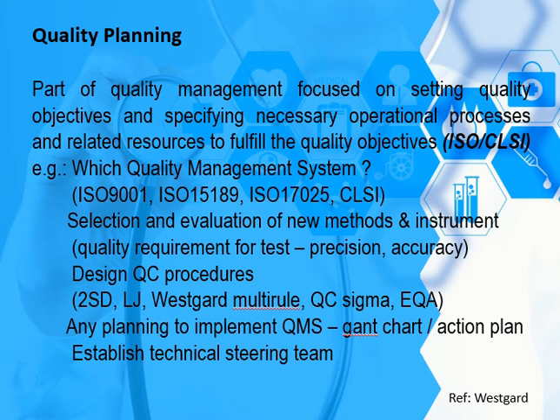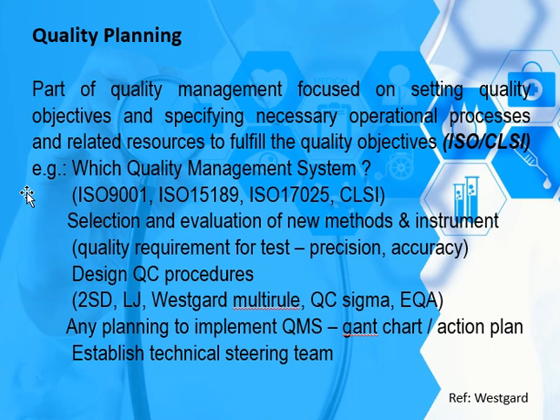It is part of quality management, which focuses on setting quality objectives and specifying necessary operational processes and related resources to fulfill the quality objective. So the management should decide which quality management system they want to choose.